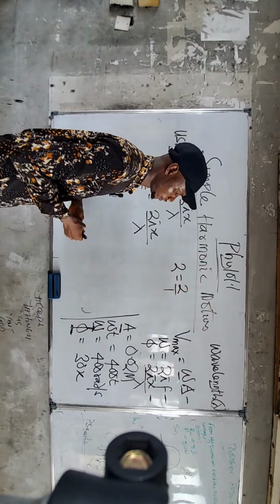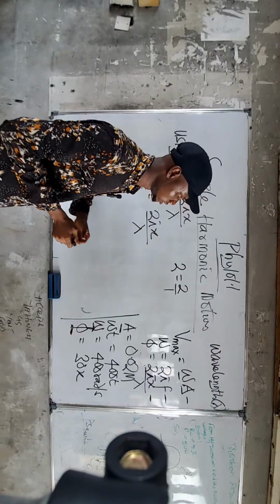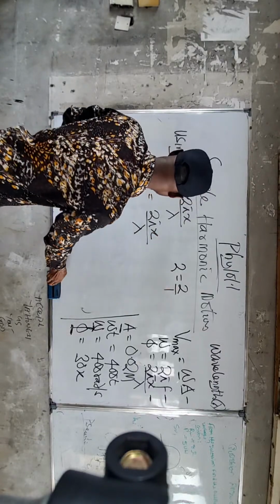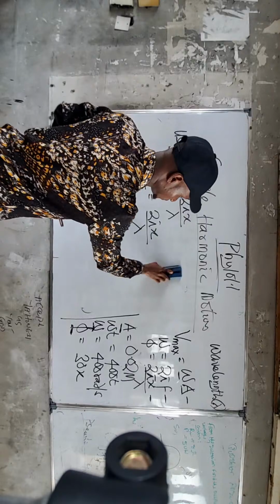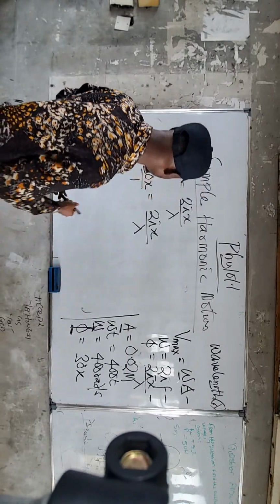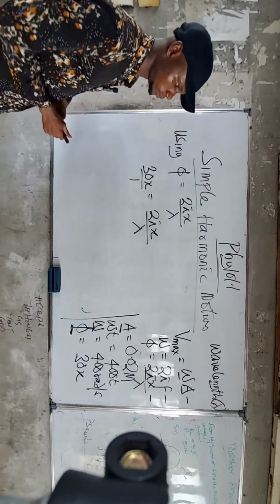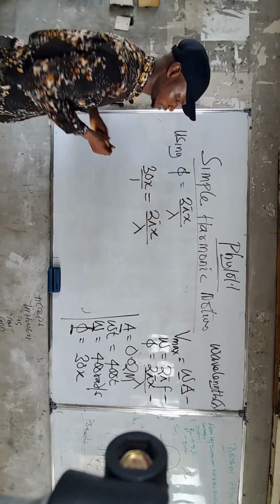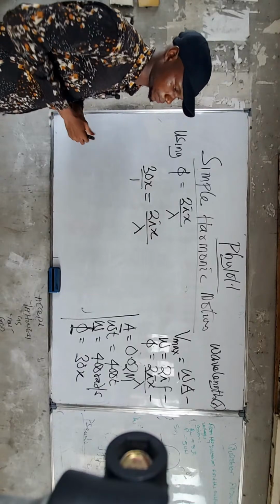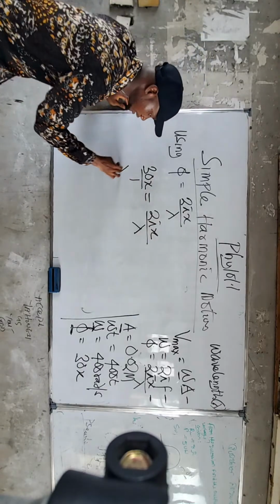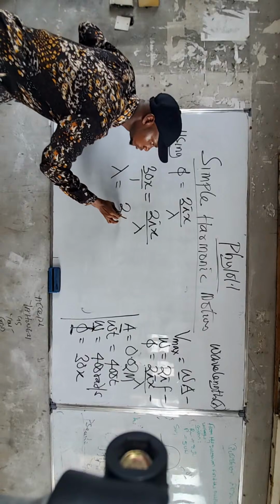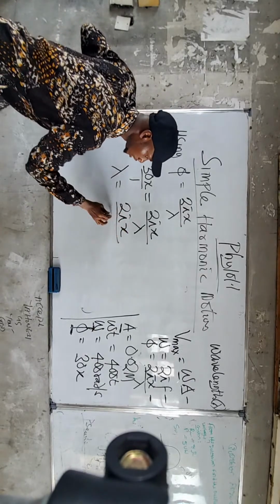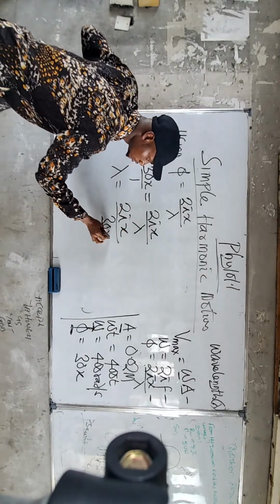I can also write this 30s as 30s over 1. So in mathematics, if I have division at the right and division at the left, I can cross multiply. When you do that, lambda will be equal to 2 pi s over 30s. So this can cancel this.